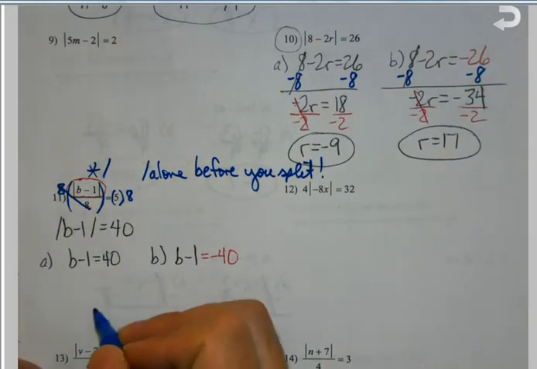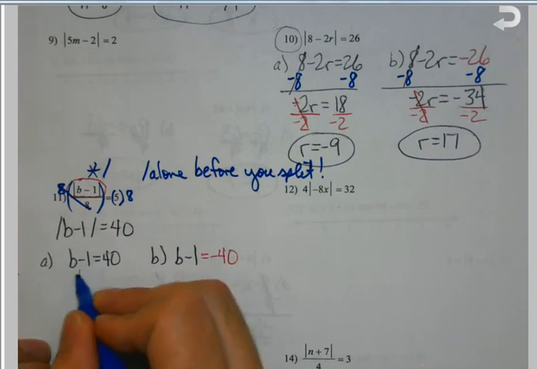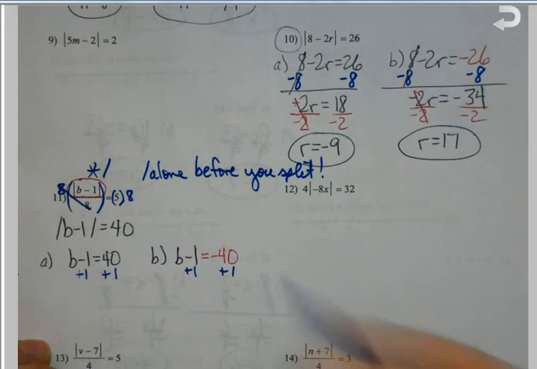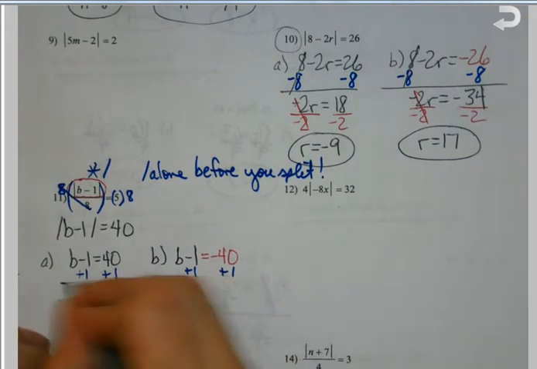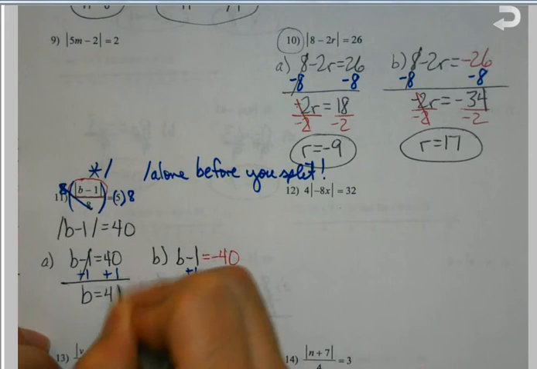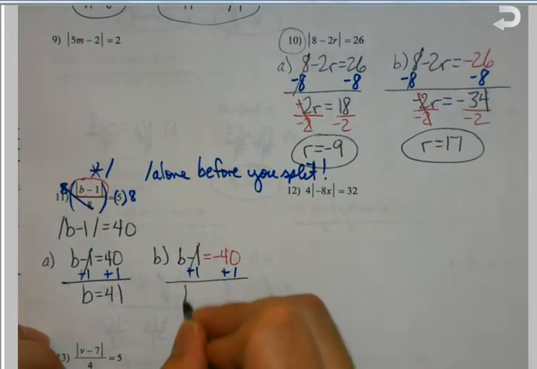But now as far as the equation itself goes, it's pretty easy. If I want to get b alone, and I'm subtracting 1, to undo it, I'm going to add 1. And I just got to be careful with my signs on the second one.